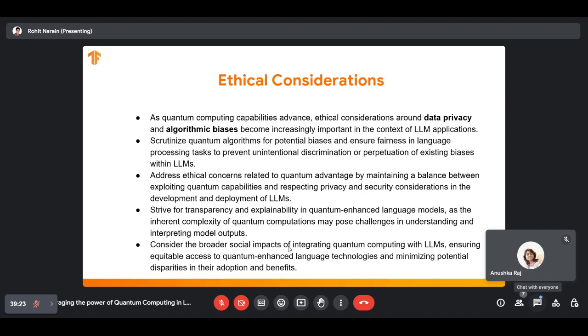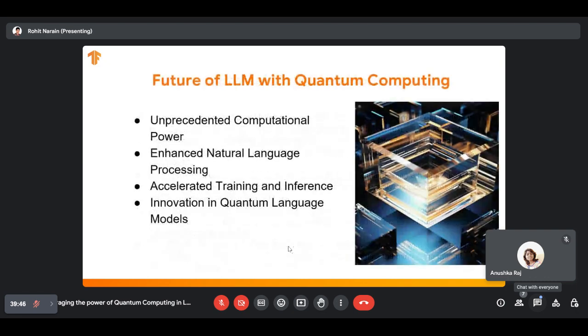Okay, because only some experts or physicists can now understand what quantum computing is actually producing as results, because those results usually consist of qubit concepts or physics concepts, which are very difficult for a normal developer to understand. Okay, so these are some ethical considerations we actually need to follow.